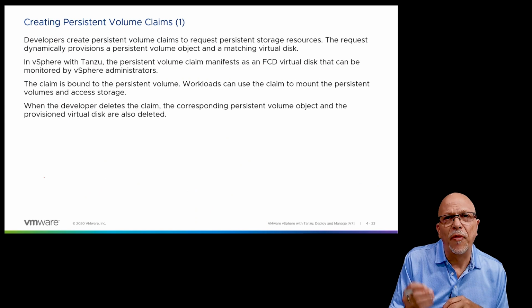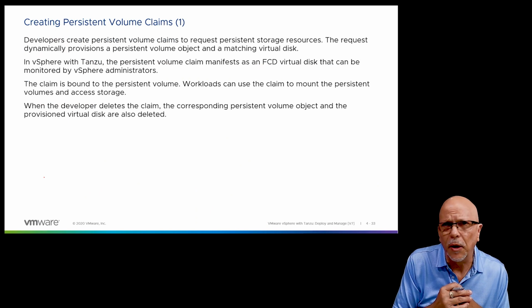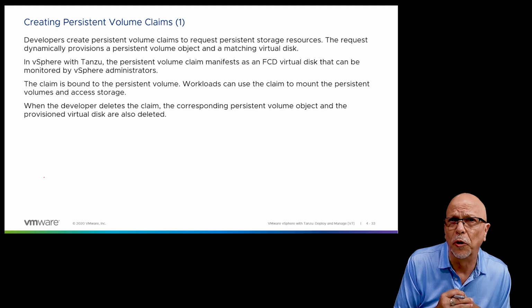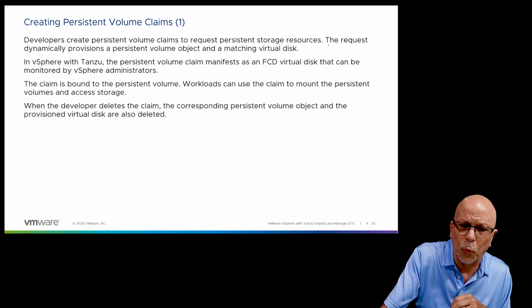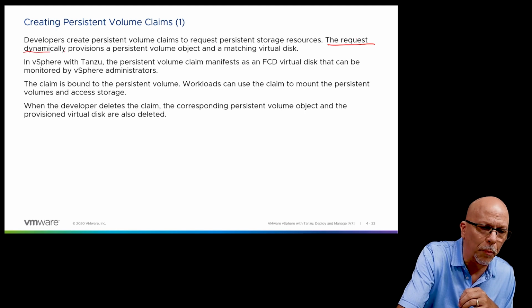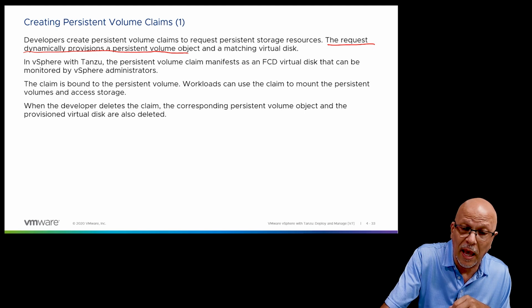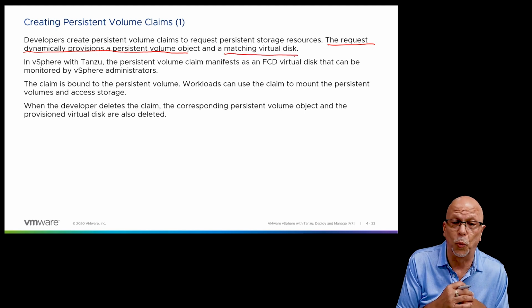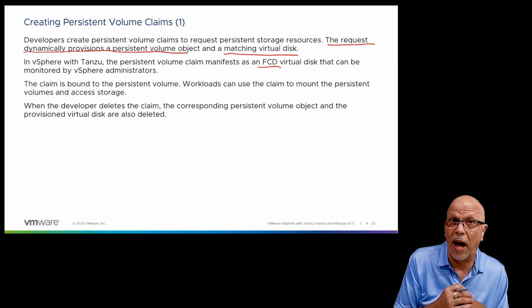In order to get that disk mounted into that pod, we're also going to need another definition, which is referred to as a persistent volume claim. This is the actual request that's going to provision the persistent volume object and its matching virtual disk. Again, it's going to be done as a first-class disk.